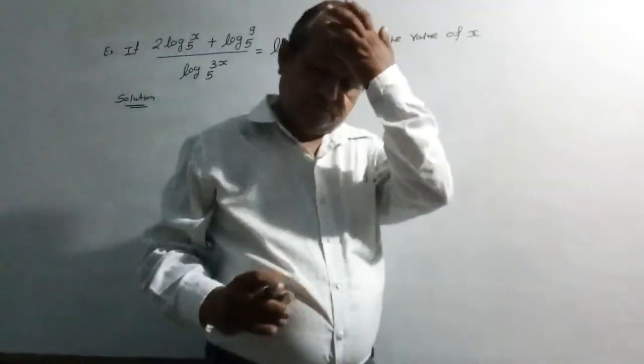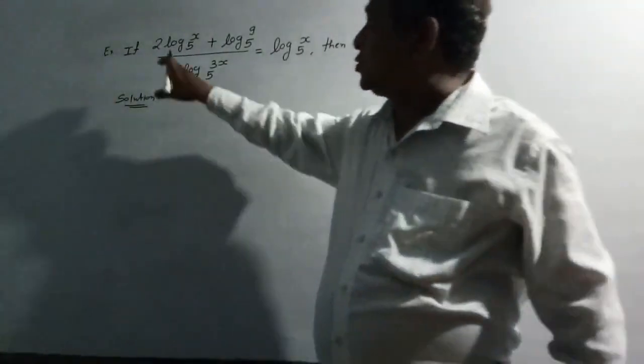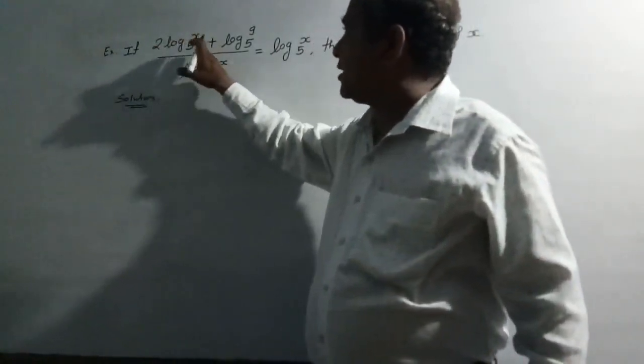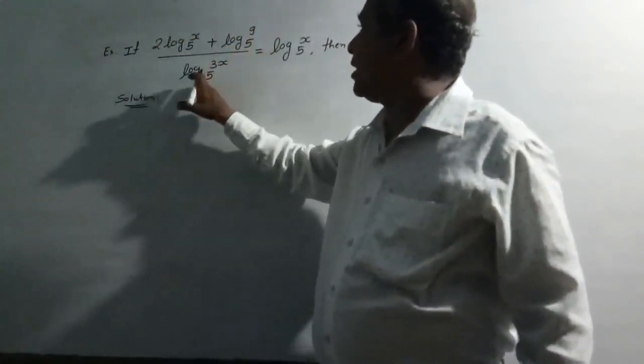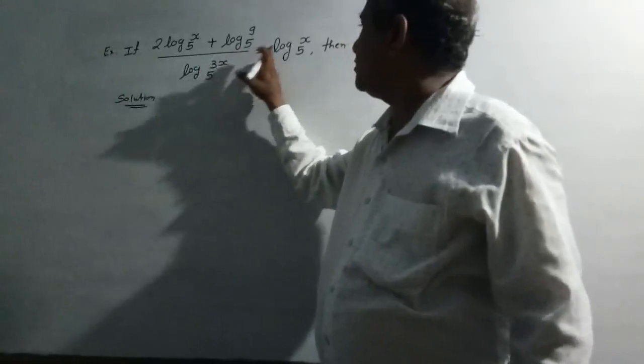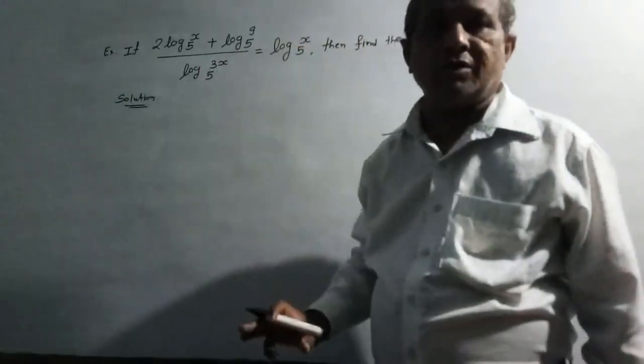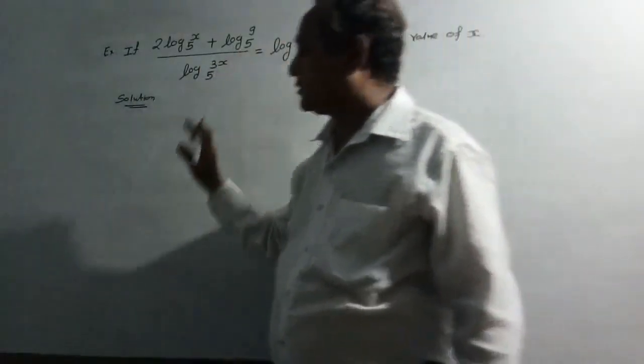Here given 2 log x base 5 plus log 9 base 5 by log 3x base 5 is equal to log x base 5. Then find the value of x.